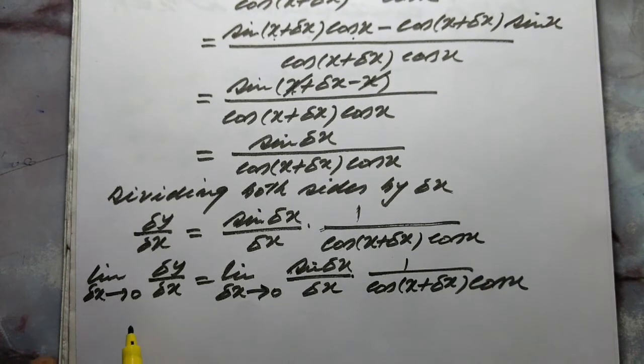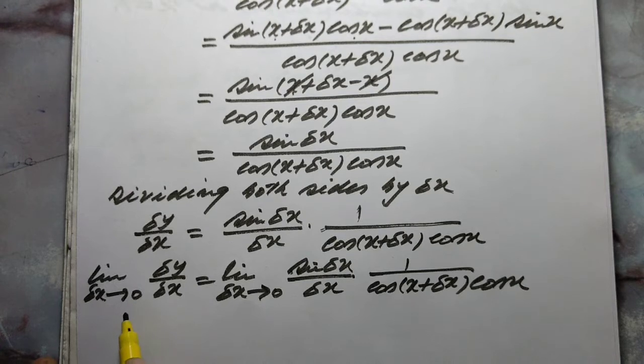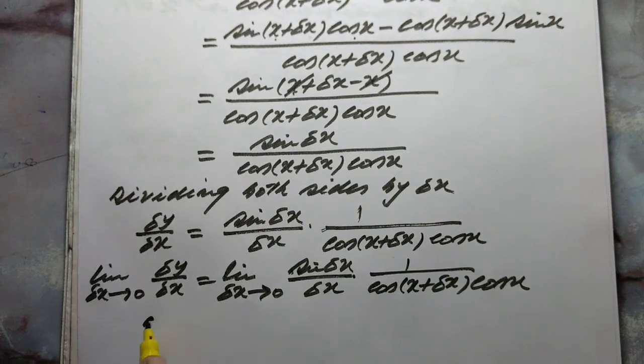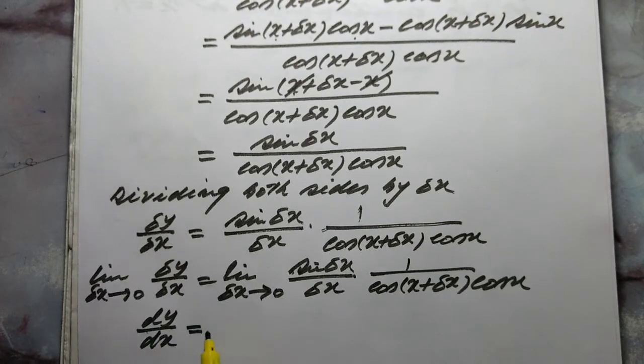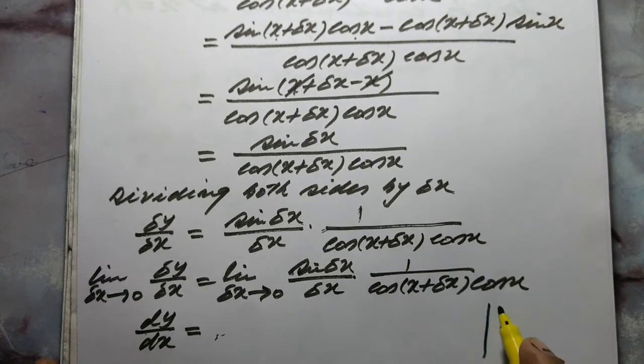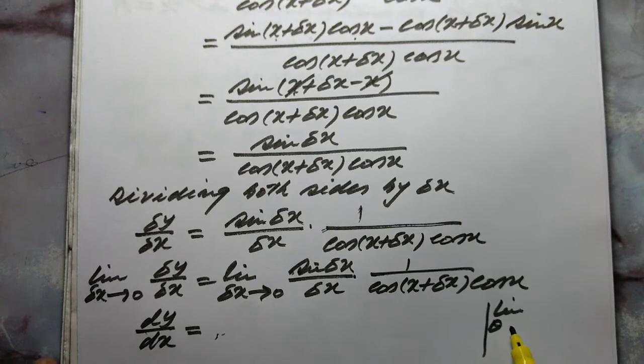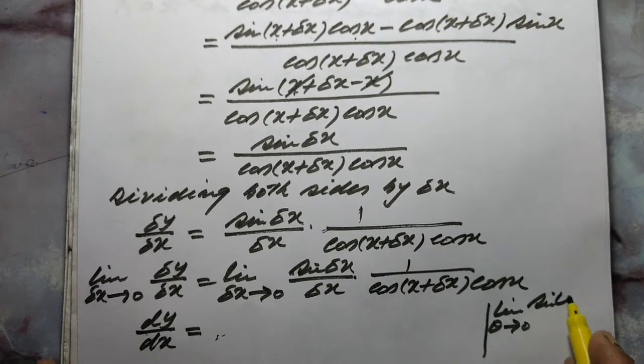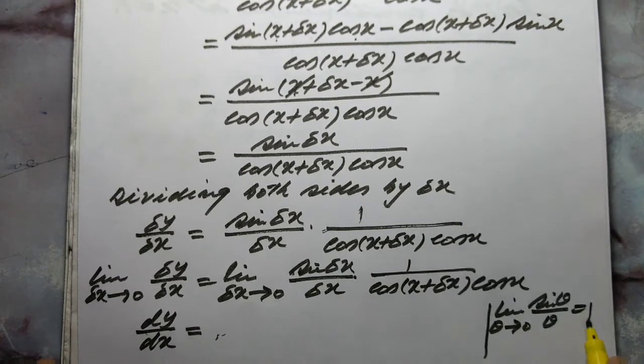By differential calculus, the limit as delta x tends to 0 of delta y upon delta x is written as dy upon dx. And using the limit as theta tends to 0, sin theta upon theta is equal to 1.